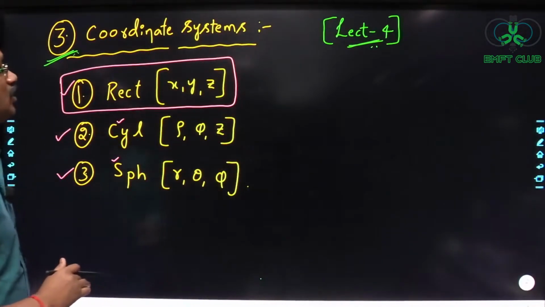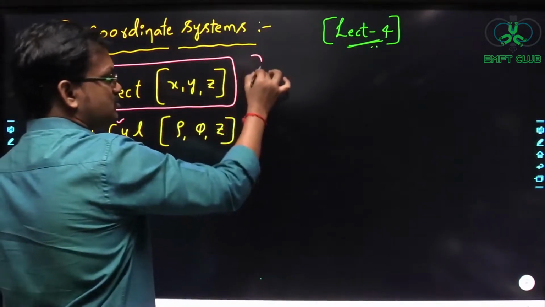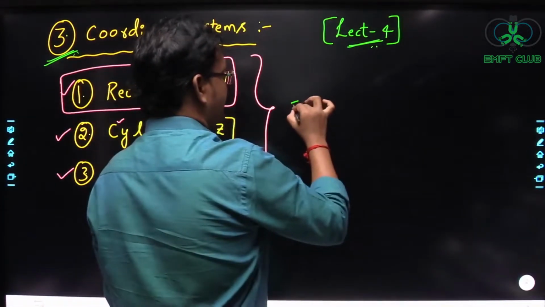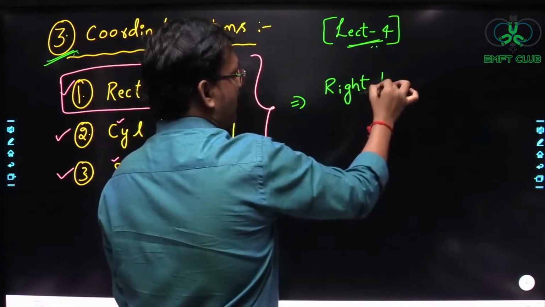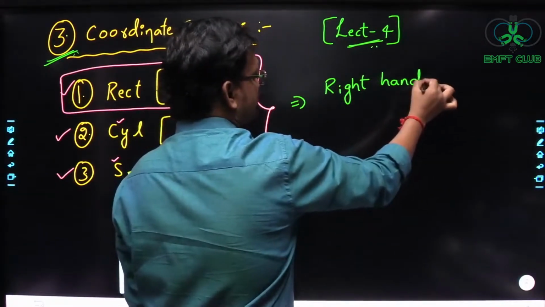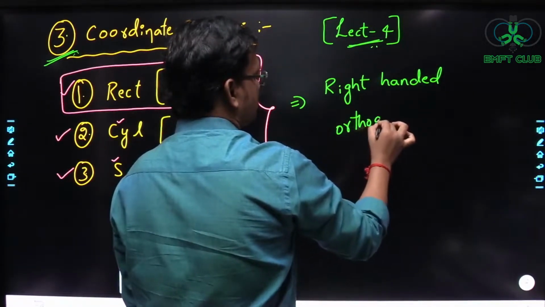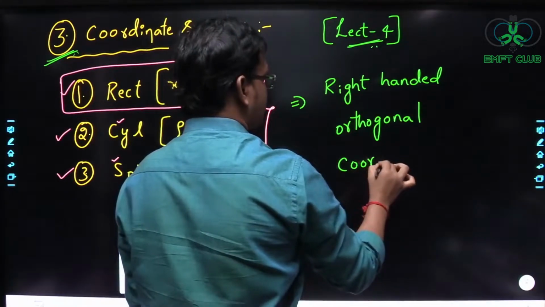All these 3 coordinate systems are called right-handed orthogonal coordinate systems.